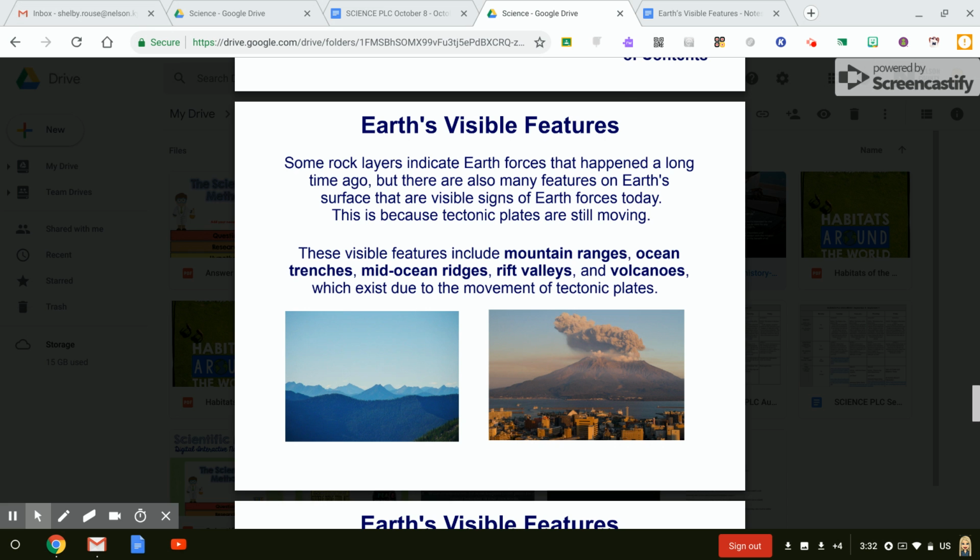We've talked about tectonic plates and how they move and how there are three different types of plate boundaries. We've got our convergent, our divergent, and our transform boundaries, and depending on what type of boundary it is, the plates act differently. So that's going to play into what we're talking about today.